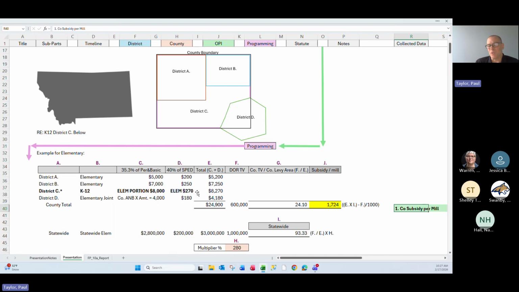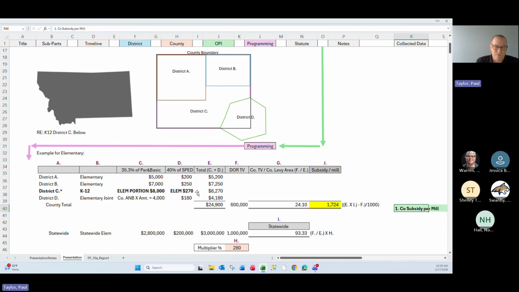The last odd man out, also embedded in the special ed allowable cost payment, is a thing called disproportionate cost reimbursement. That piece is not determined at the A and B or budget unit or level value. Rather, it's one number for the full school district. So what has been done historically, even with the district level GTB calculation that we're shifting away from as we go to the county calculation, is that value has always been split based on its proportion of A and B in comparison to level.